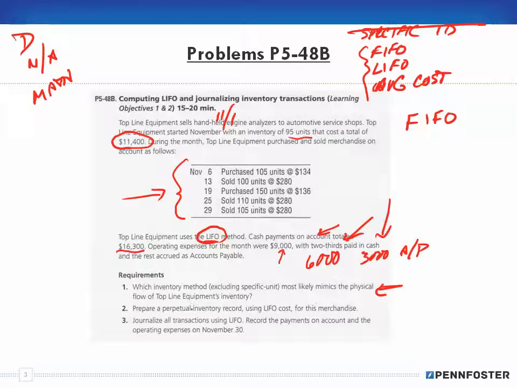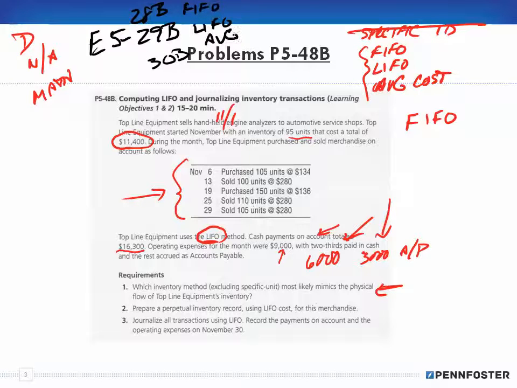Right. Now number 2, prepare a perpetual inventory record using LIFO cost for this merchandise. If you go back to exercise 5-29B, actually it was 28B that did FIFO, 29B does LIFO, and 30B does average cost.